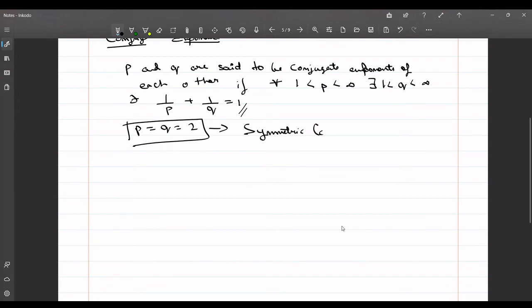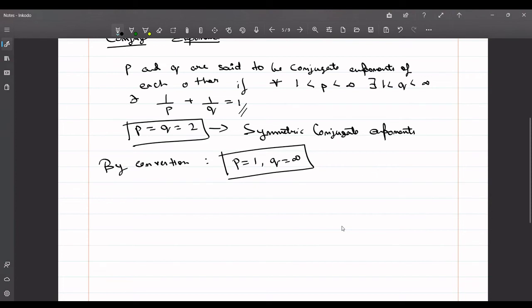Also by convention we take one more such pair of conjugate exponents, which is when p equals 1, its conjugate exponent is infinity. Okay, now let us define what Young's inequality is.